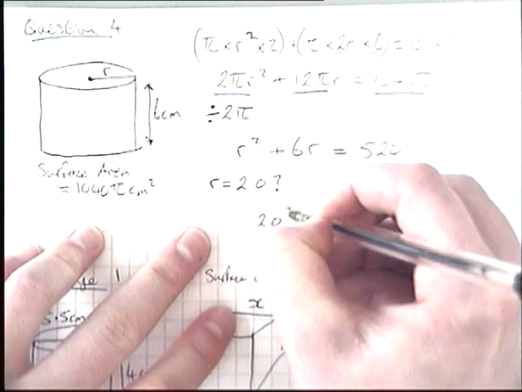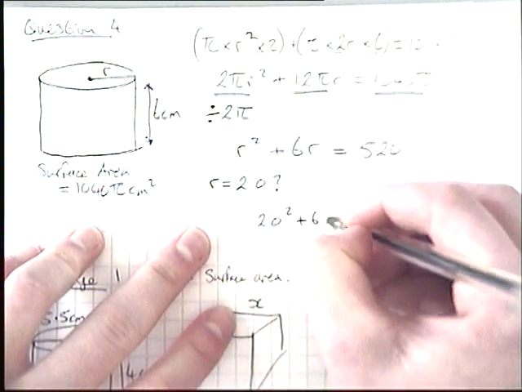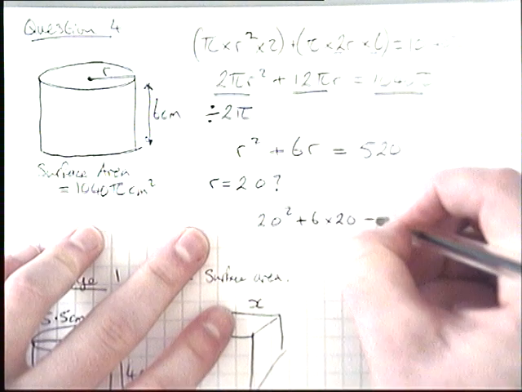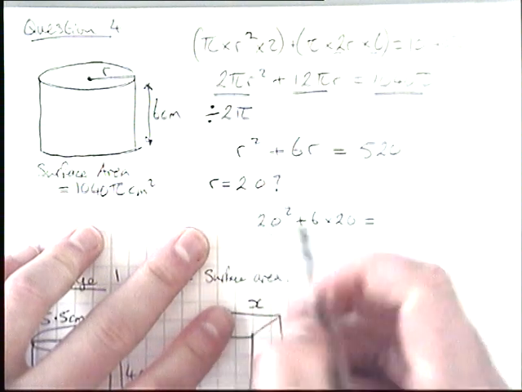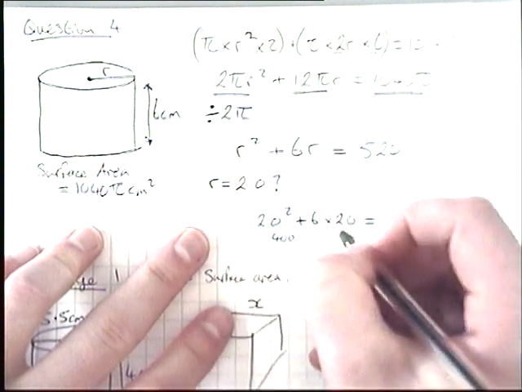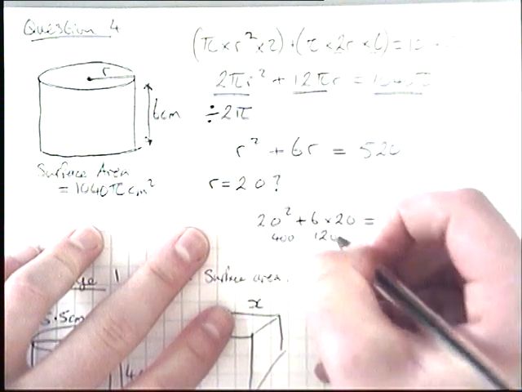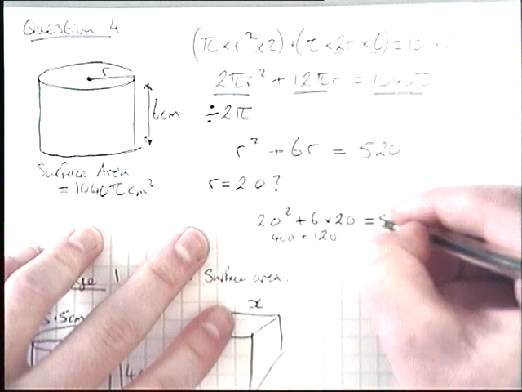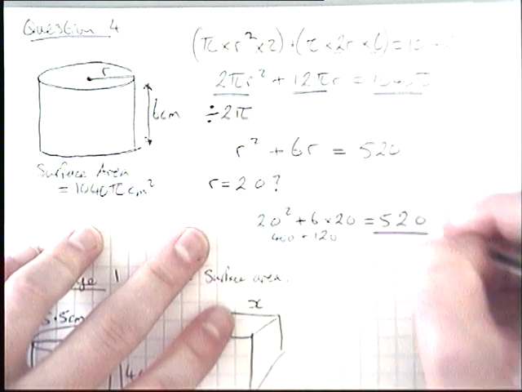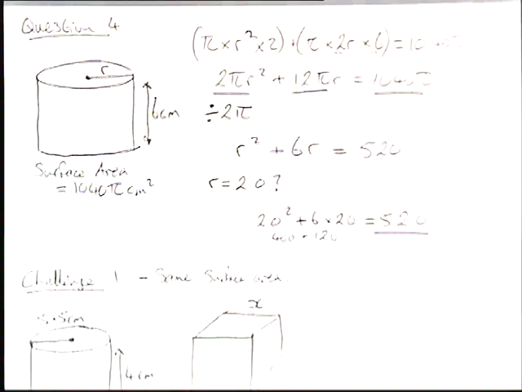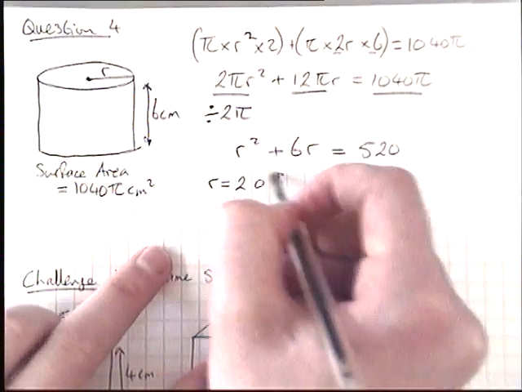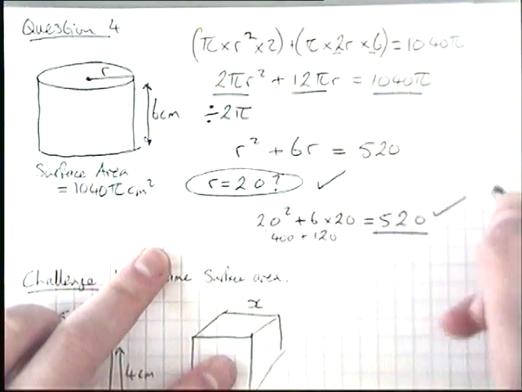If we do 20 squared plus 6 times 20, what does that give us? 20 squared is 400. 6 times 20 is 120. If we add those together, got it first time, there we go, 520. So we know that r equals 20 centimeters.